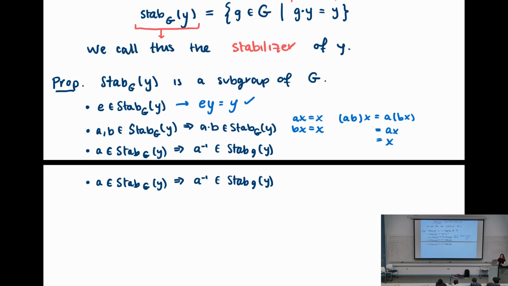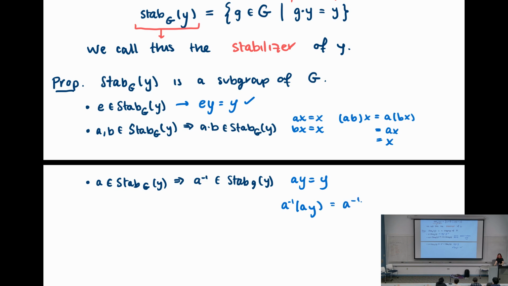Okay, why do we have inverses? Yeah. If A is in the stabilizer, then A applied to Y equals Y. Then you can multiply it on the left by A inverse, and by associativity, the left-hand side becomes Y, and the right-hand side becomes A inverse Y. So we could reassociate this.